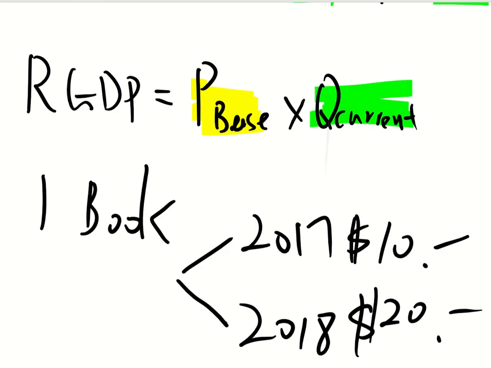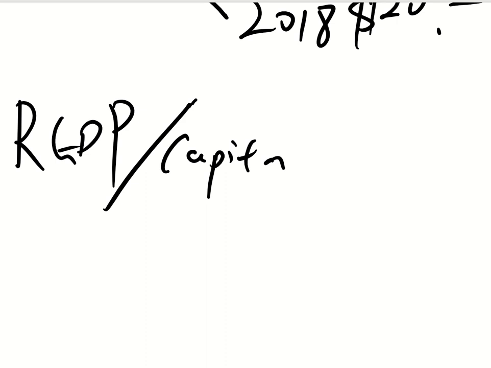And that's why we have another term that you might have heard before. It's called real GDP per capita. That just means real GDP per person. With real GDP per capita, you can see just how rich or how poor a country is. The richer the country is, the higher the real GDP per capita, but if the country is pretty poor, they're going to have very low GDP per capita.